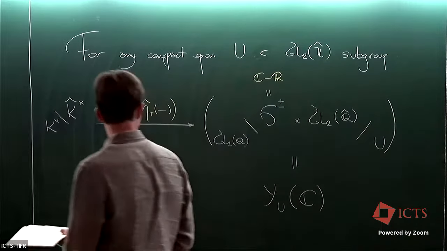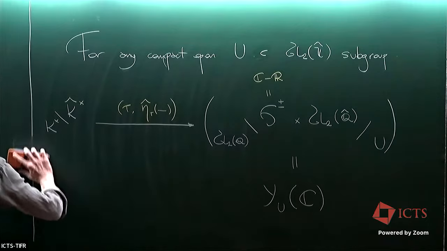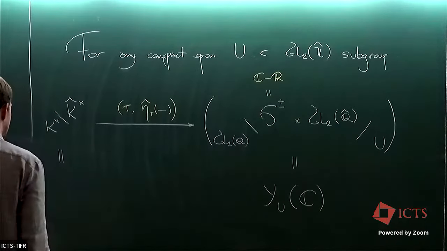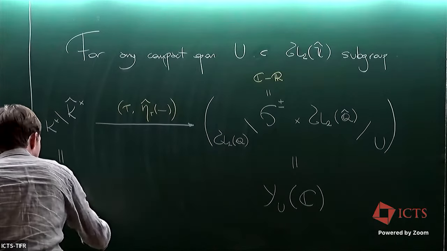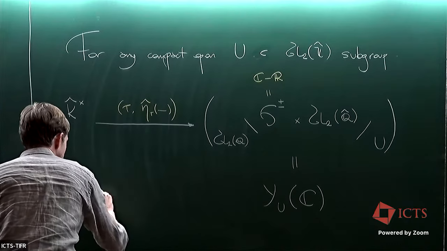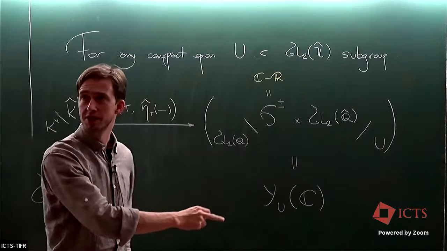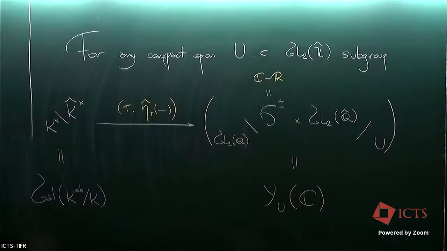So via the Artin map, I also get an identification here of the left-hand side with the Galois group of the maximal abelian extension of K over K. Now this identification I can make via the Artin map, but to already preemptively make my arrows commute and not anti-commute, I'm going to take the inverse instead, because I know this theorem and I know there's going to be some inverse twist.